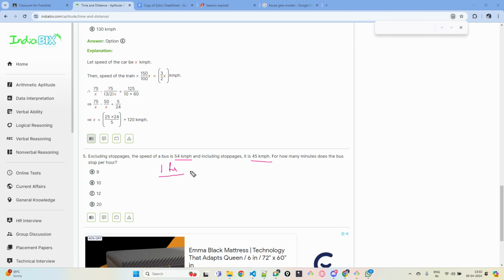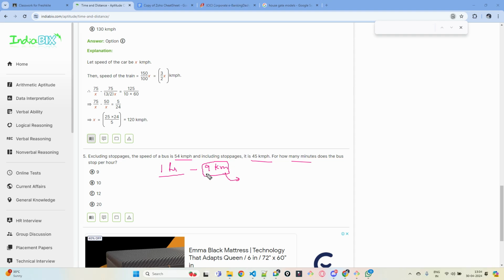So how many kilometers less is it traveling? 9 kilometers. That's what it is stopping. So the time spent in stopping per hour is the time for 9 kilometers, right? Otherwise, if it doesn't stop, it would have traveled 9 more kilometers. So we just need to calculate the time spent to travel 9 kilometers. If you find the time spent to travel 9 kilometers, you'll get the time. Convert it to minutes. That's it.